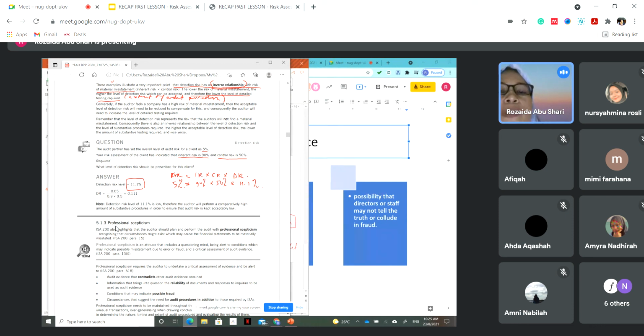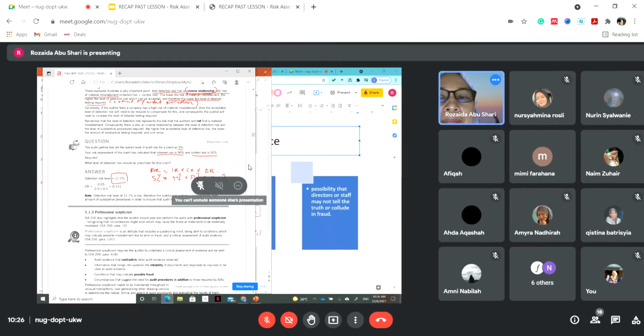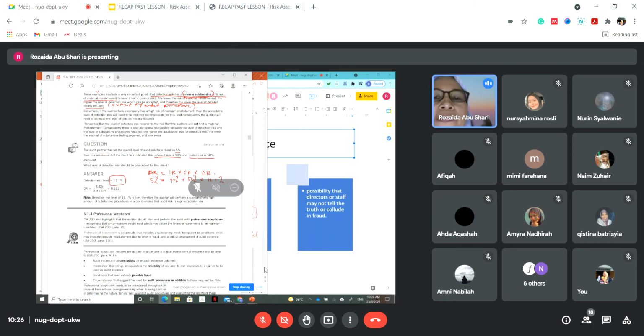Okay, what is the keyword of the relationship, Mimi? What is the keyword? Inverse relationship. Inverse relationship. Okay, good. So now, you explain to the class how the inverse relationship arises in this model. So how do you read the relationship, that you said inverse relationship?